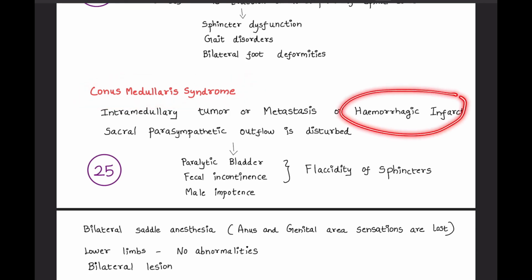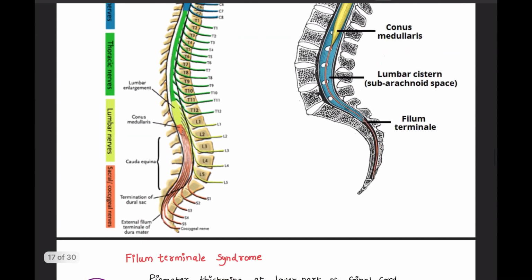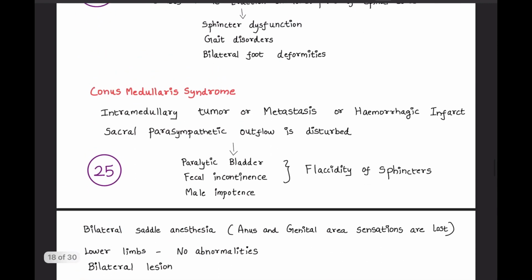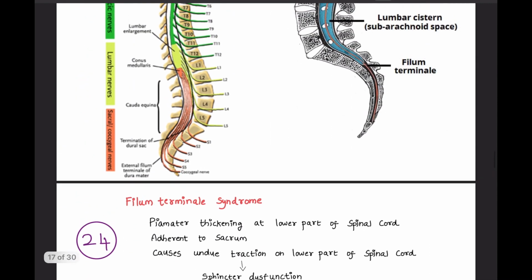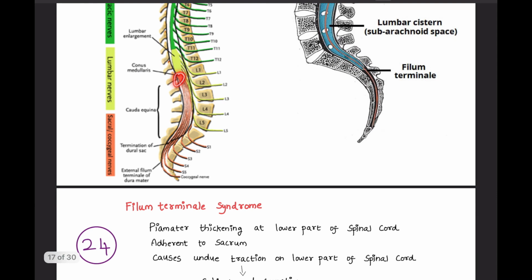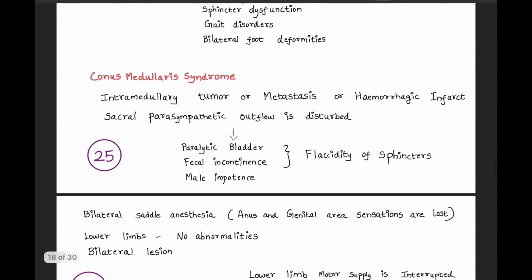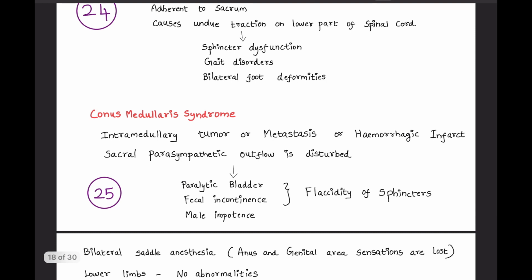Hemorrhagic infarct: if the blood supply to the Conus Medullaris is cut, then the patient will have Conus Medullaris syndrome. The Conus Medullaris is in the lumbar and sacral region. So it will disturb the sacral parasympathetic outflow, which will cause paralytic bladder, fecal incontinence, and male impotence.